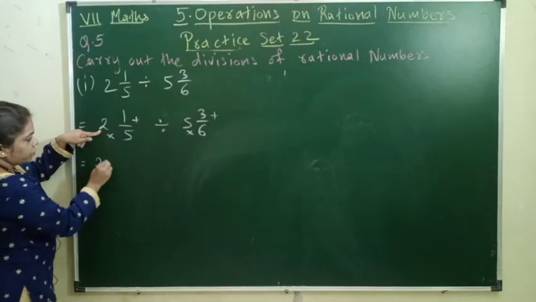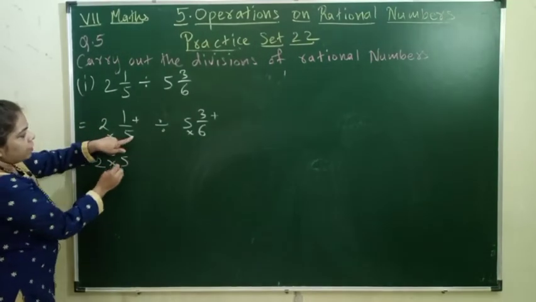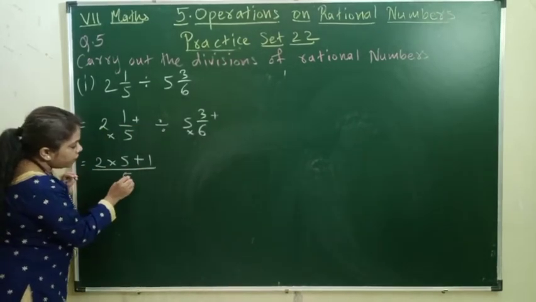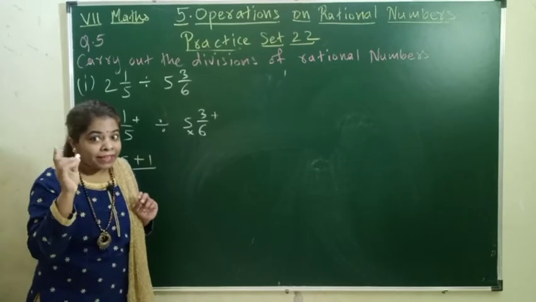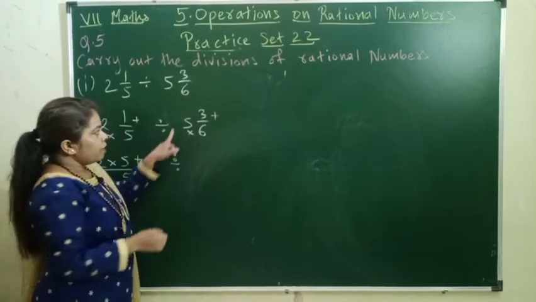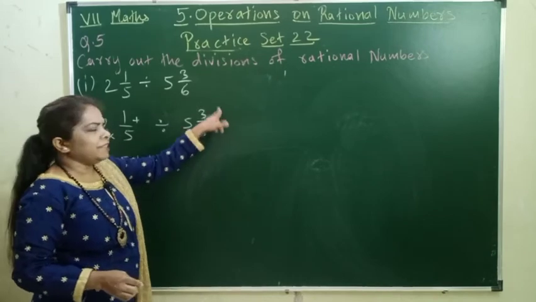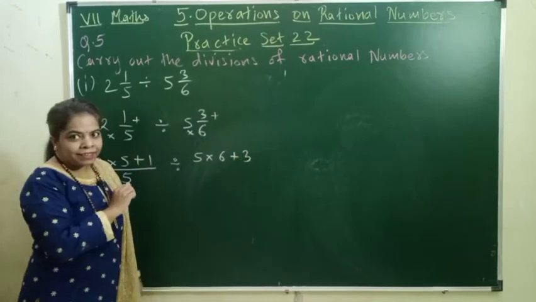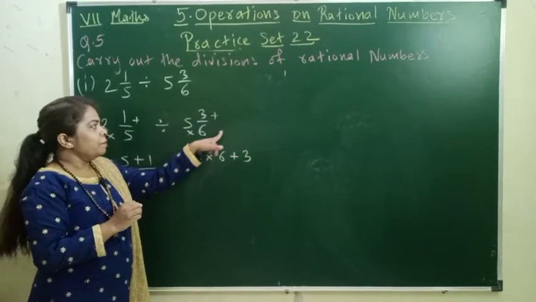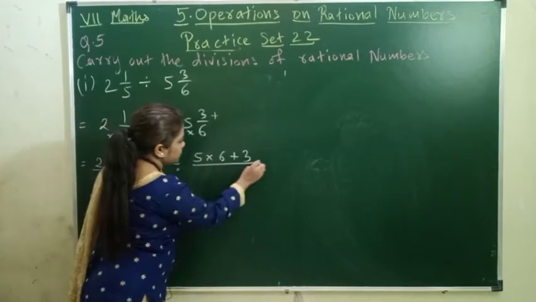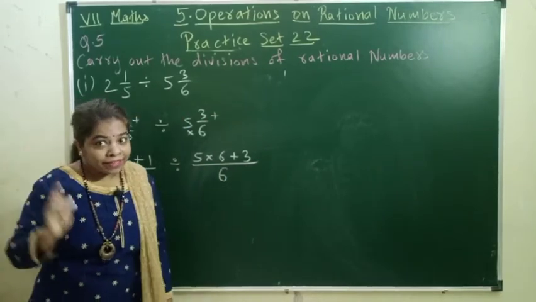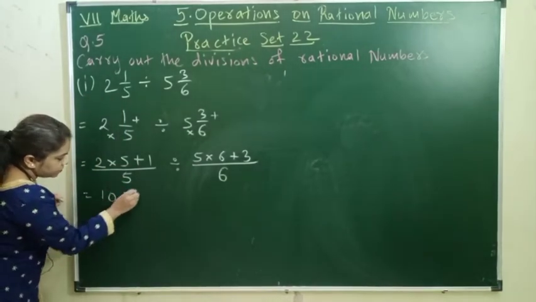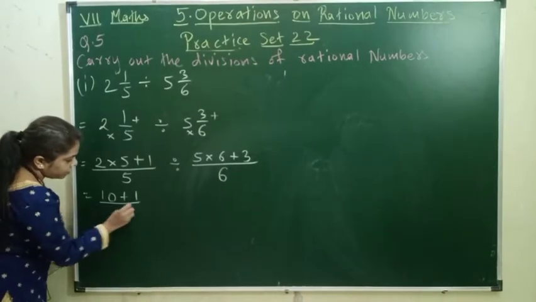2 into 5 plus 1 upon 5. The denominator doesn't change, it remains like that only. Divided by 5 into 6 plus 3 upon 6, the denominator doesn't change. Now 2 5s are 10 plus 1 upon 5.